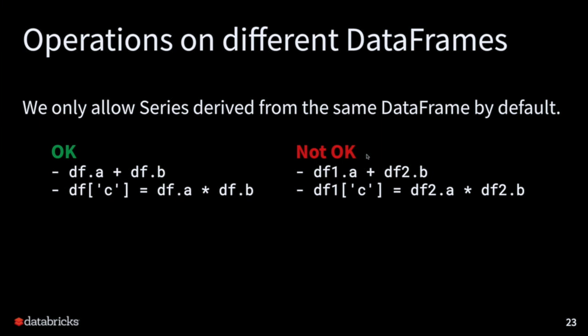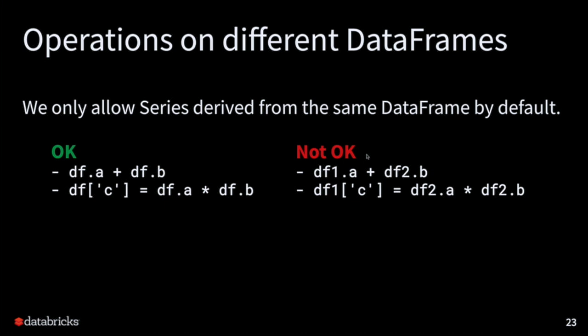Next, about the operations on different data frames. Here, for example, we have a data frame df, and we can do some operations like df.a plus df.b, and so on. On the other hand, when we have two data frames, df1 and df2, we naturally want to do some operations on those too, like df1.a plus df2.b.